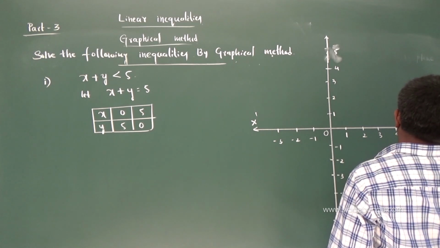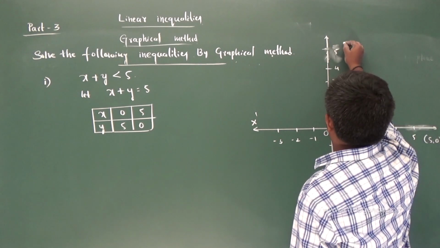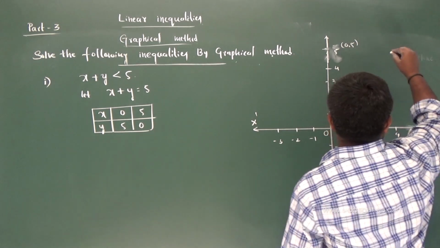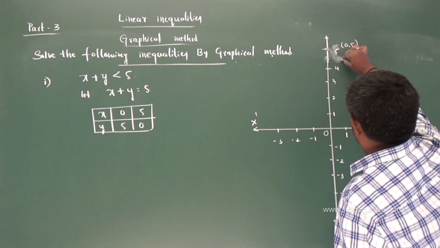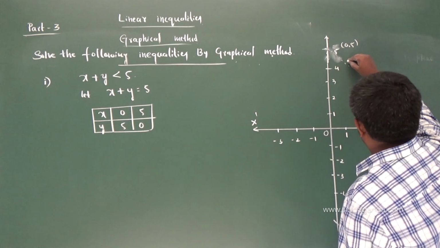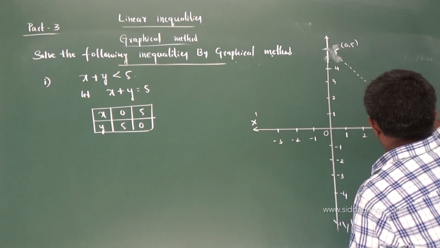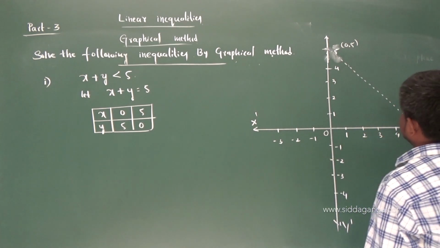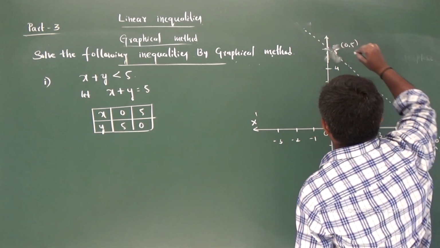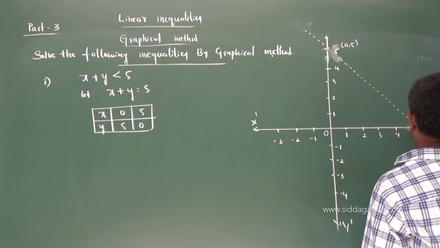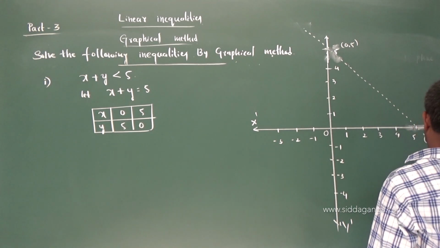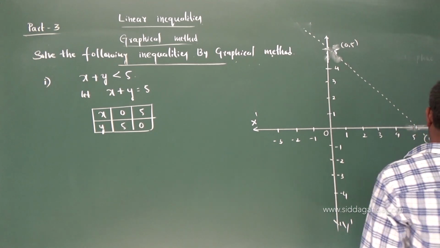This is 5 comma 0, this is 0 comma 5. Then draw the line. I am using the dotted line. This is x plus y equal to 5.